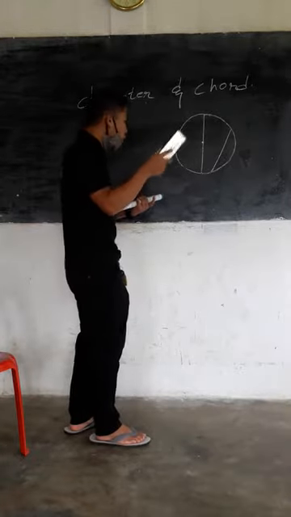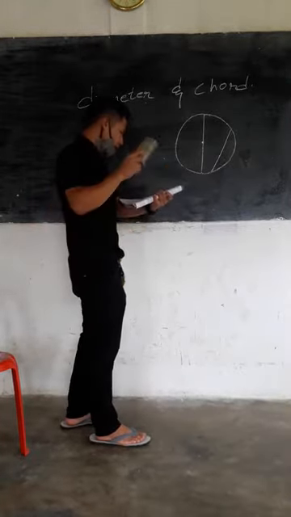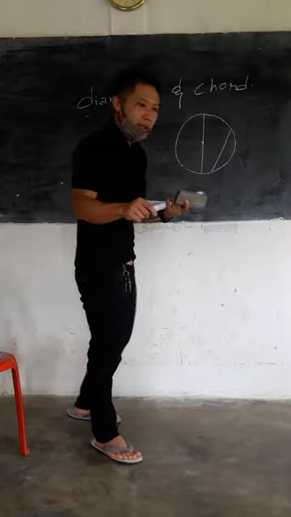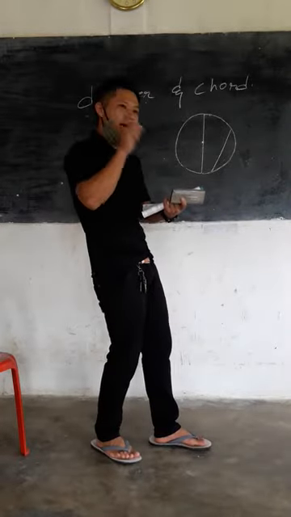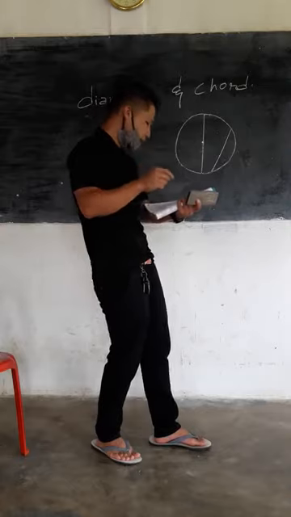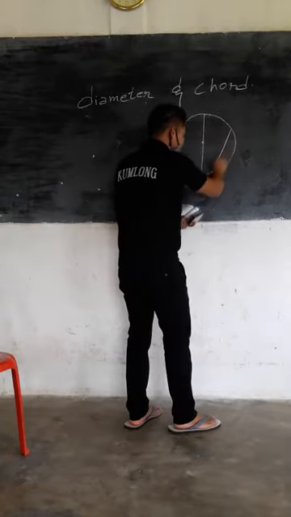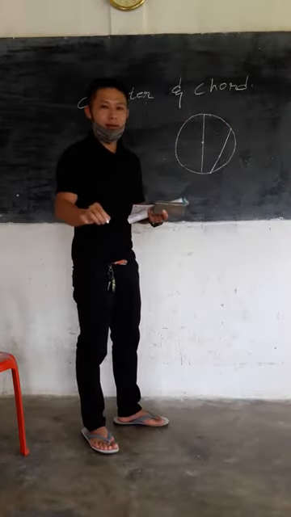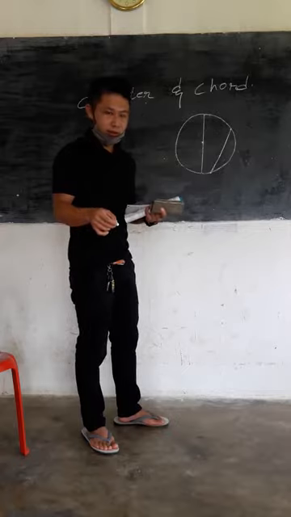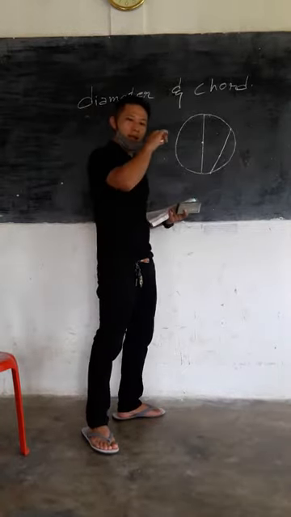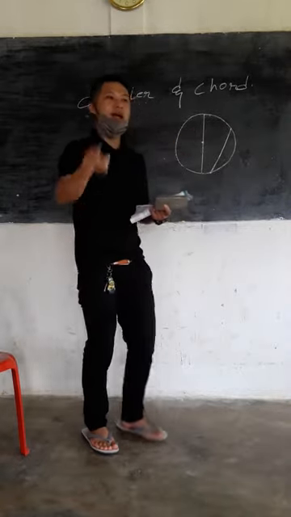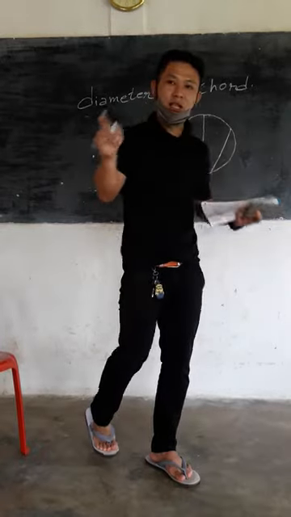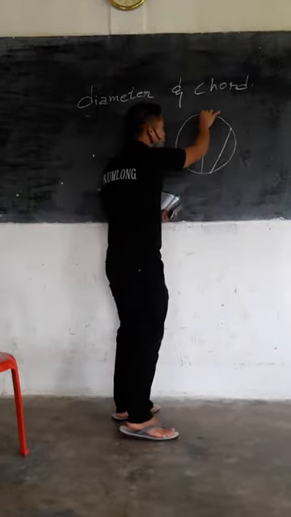Now, whereas a chord is a line segment whose end points lie on the circle. That is the difference between diameter and the chord. Don't forget about that. Diameter is the longest chord of a circle which passes through the center point.